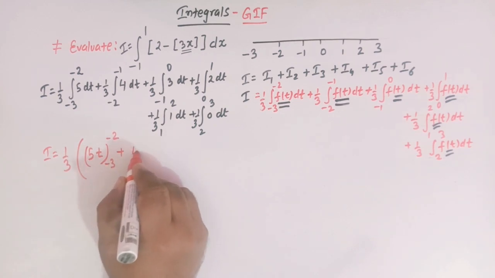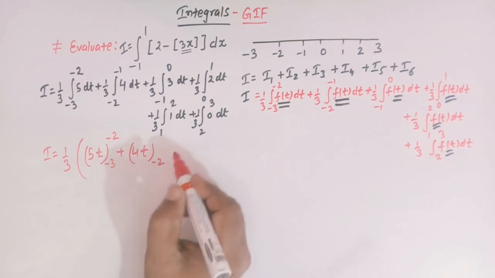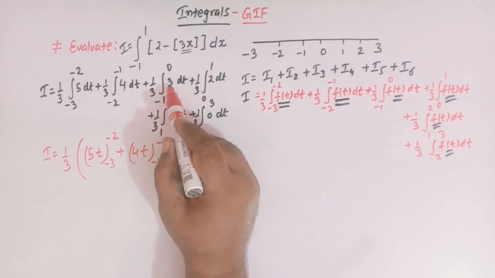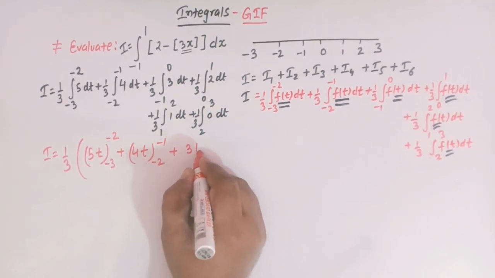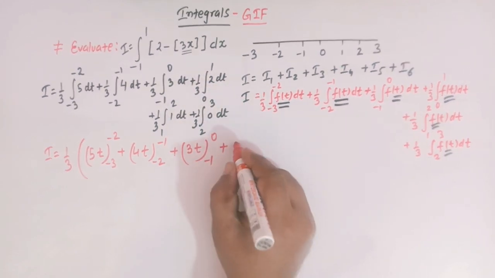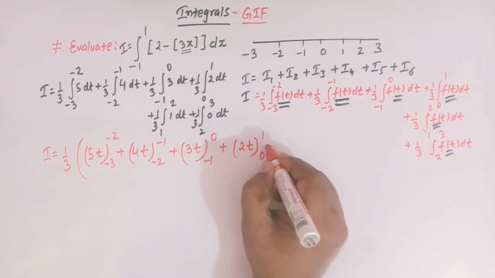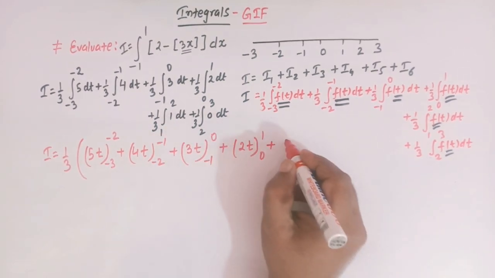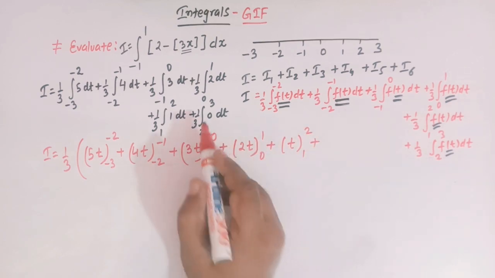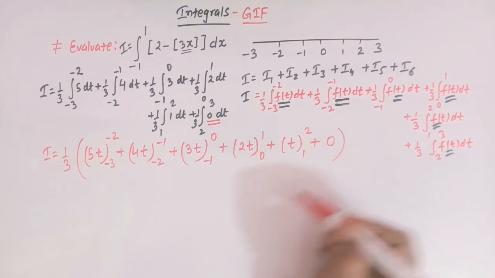Then we have 4t with limits from -2 to -1, 3t with limits from -1 to 0, 2t with limits from 0 to 1, and then simply t with limits from 1 to 2. And here we have 0 dt, so this integral is 0.